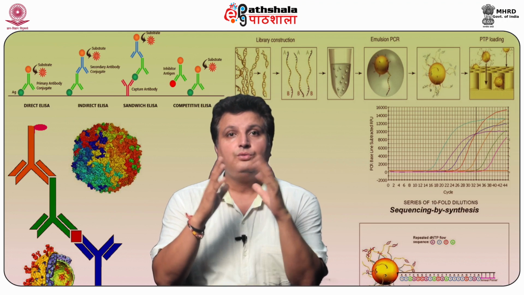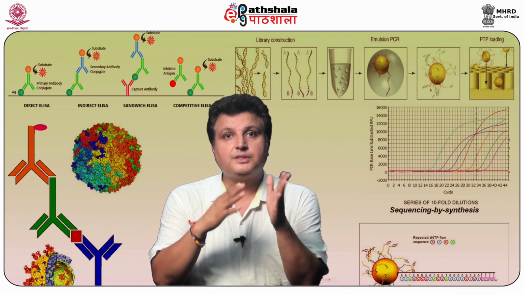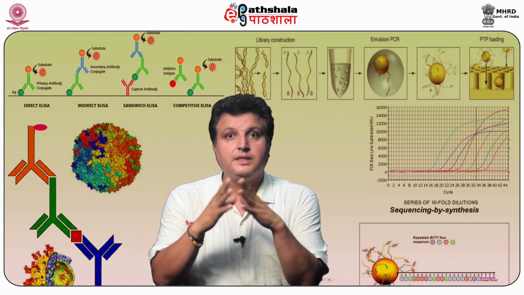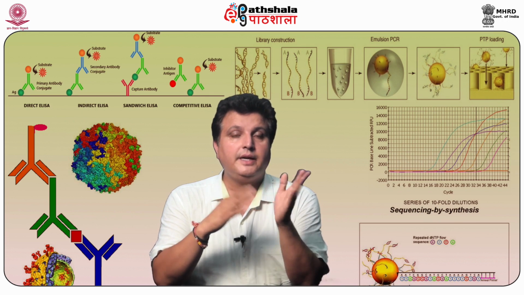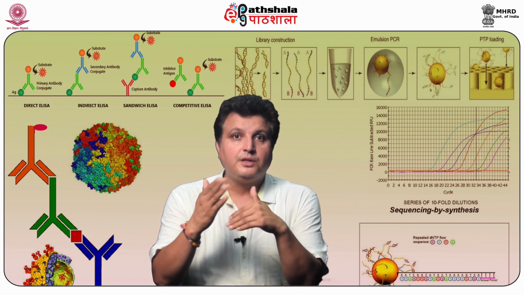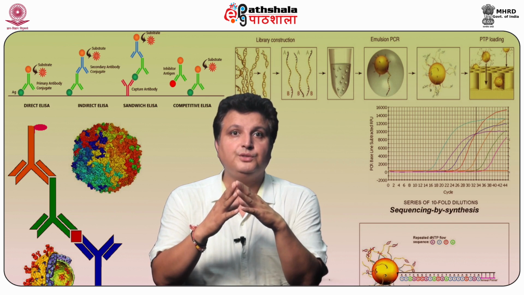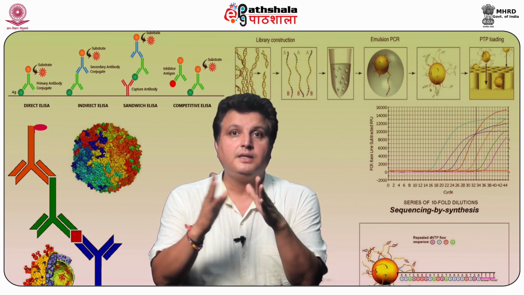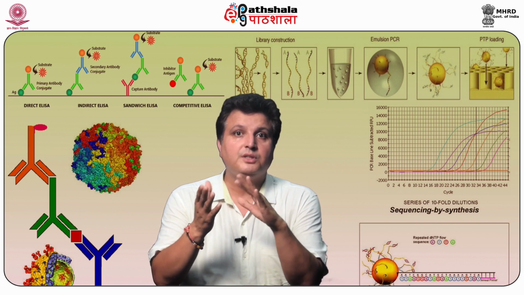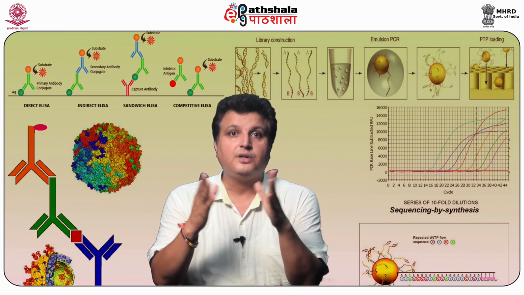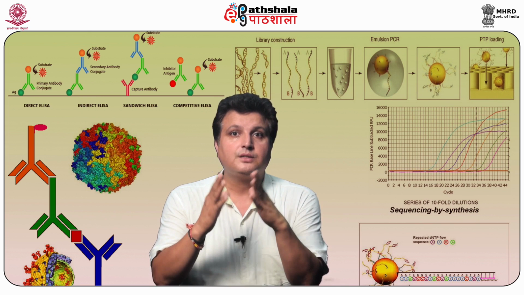Now, how can proteins be detected with the help of antibodies? We can call this immunoassays. Antibodies to particular proteins or to their modified forms have been used in biochemistry and cell biology studies. The enzyme-linked immunosorbent assay, that is ELISA, has been used for decades to detect and quantitatively measure proteins in a sample.